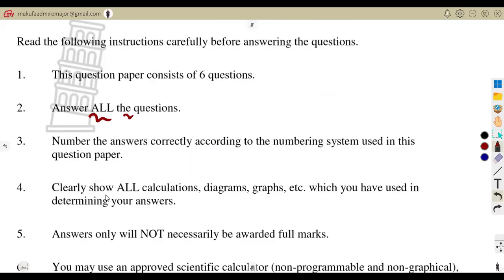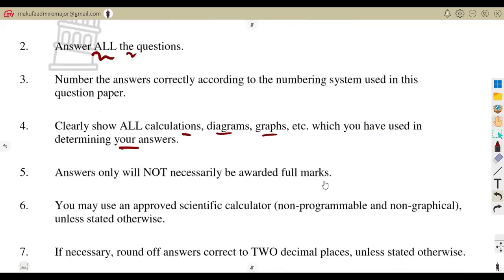And also you're supposed to clearly show all calculations, diagrams, graphs, etc., whatever you're given, which you must have in your presentation. Try by all means to present properly and clearly what you have used in determining your answers. So make sure that part is considered.